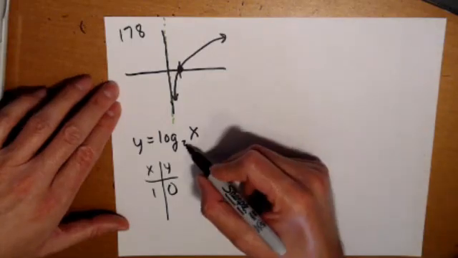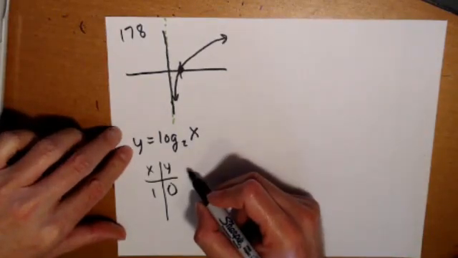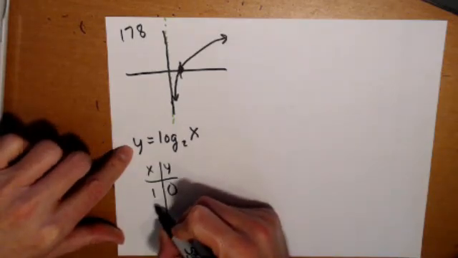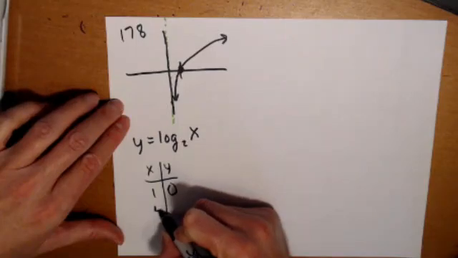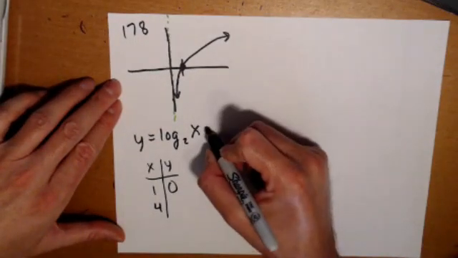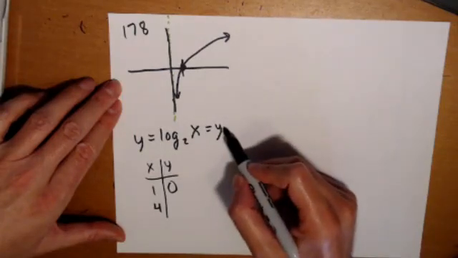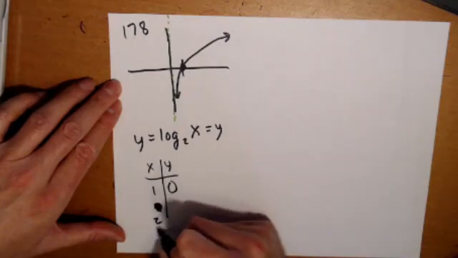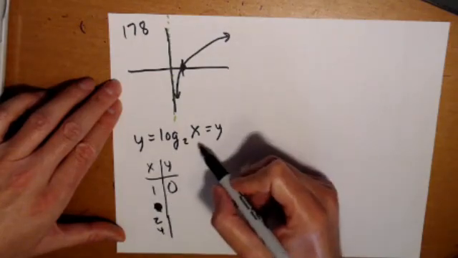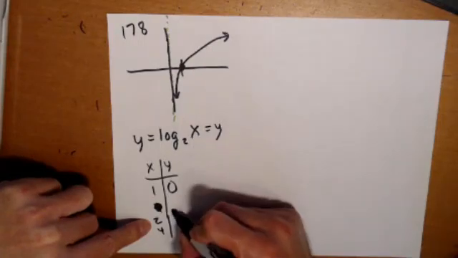Okay. So x is, I just want to pick easy numbers. 4, 2. 2 to what power? Oh, we put a 2 there first. So if x is 2, 2 to what power gives me 2? 1.